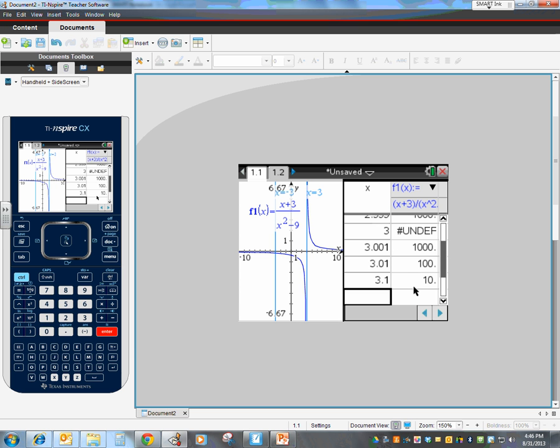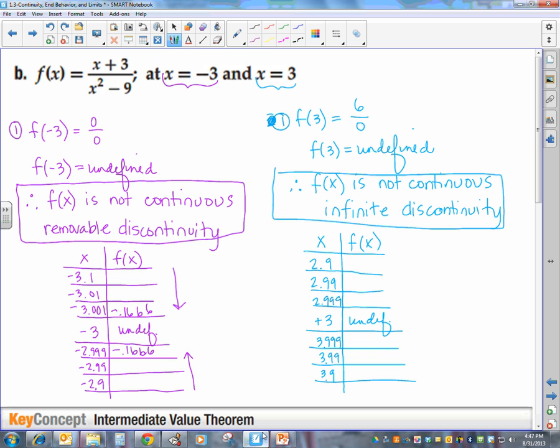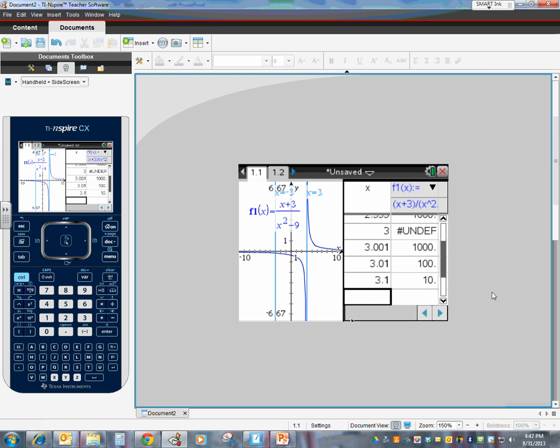So, as I go to 3, what are my numbers getting closer to? They're getting bigger and bigger because they're positive numbers. So on my table, it was like 10, 100, 1,000. So those numbers are getting bigger, positive infinity. What happened on the left side?